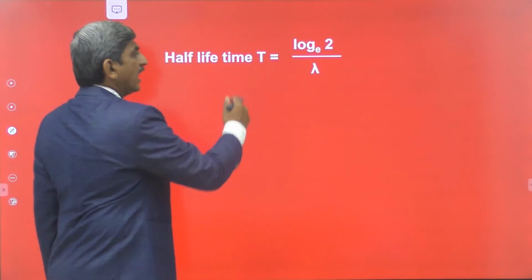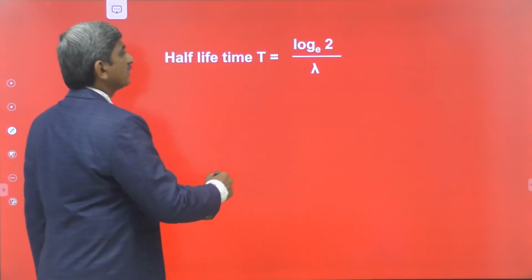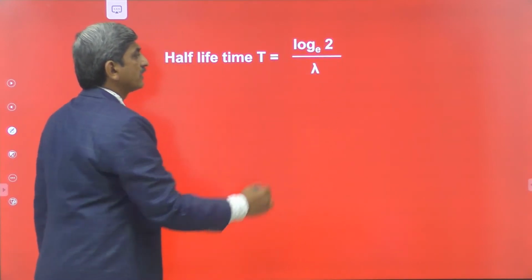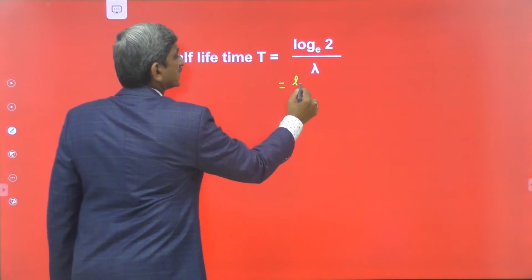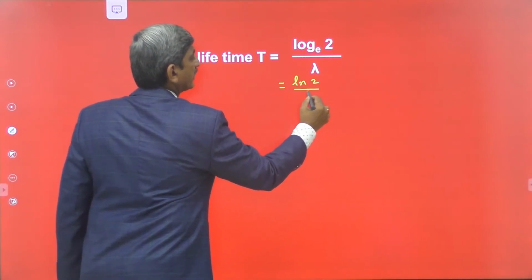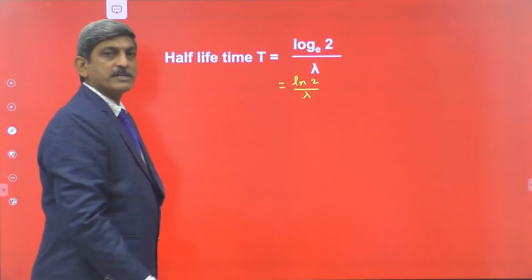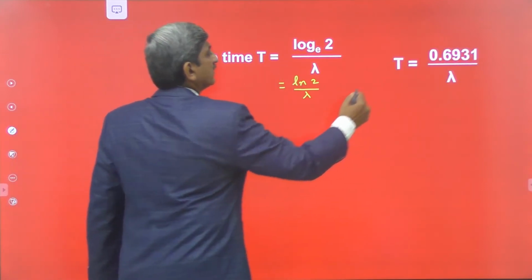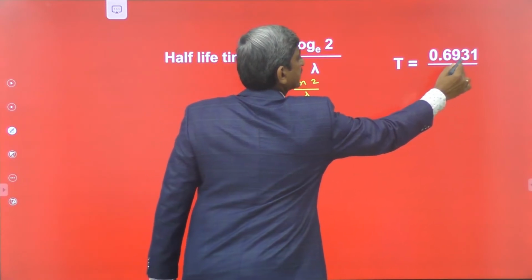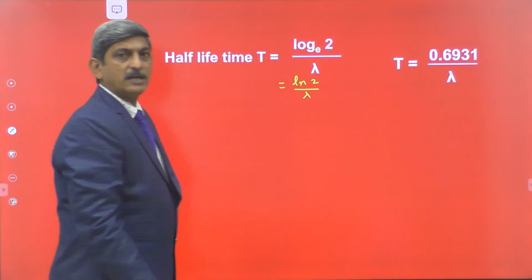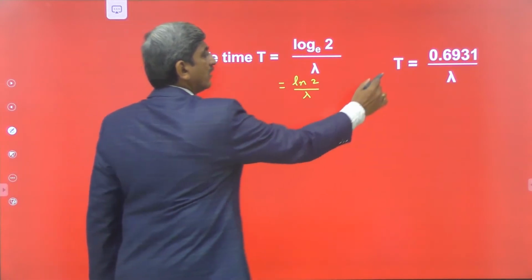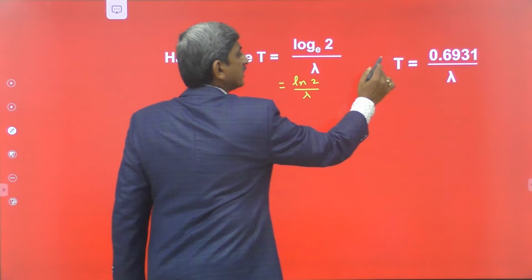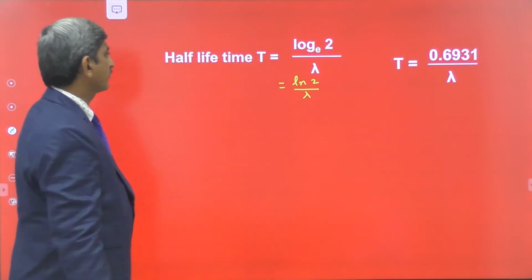Now, the half-life time of the sample T is equal to log 2 to the base e divided by lambda, which is also represented as ln 2 divided by lambda. By substituting the log 2 value, this is simplified as T is equal to 0.6931 divided by lambda. By knowing the half-life time, we can determine the decay constant, or by knowing the decay constant, we can determine the half-life time.